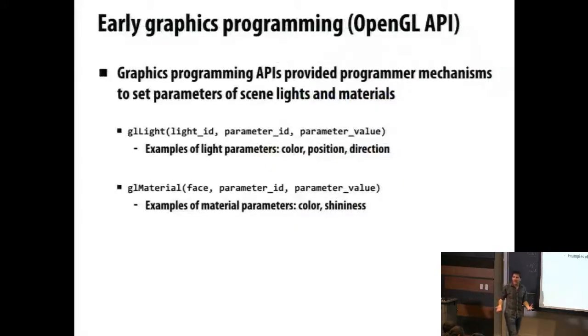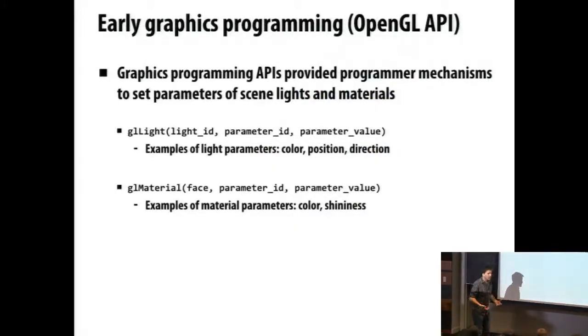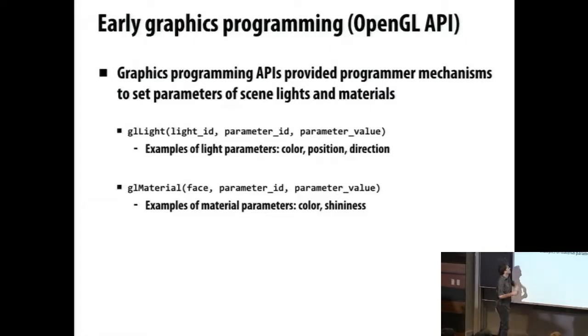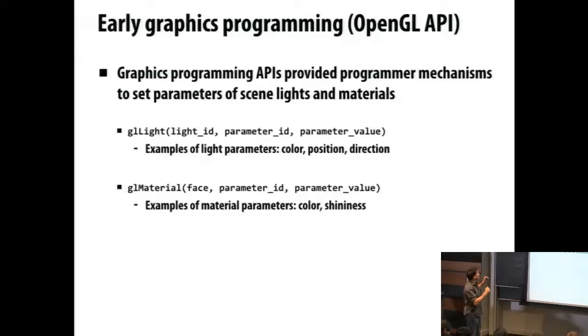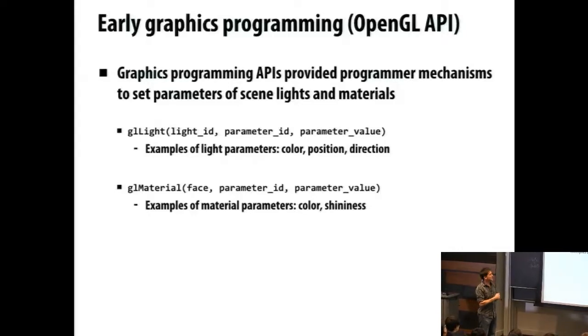In the early days of OpenGL, the only way that you could specify what materials were was that the API, these graphics programming systems, gave you a few hooks to say, okay, I want you to set the parameters of the material like color or shininess or whatever. Or I want you to set the brightness of the light and the direction of the light and so on.